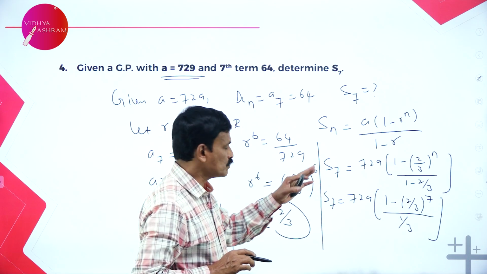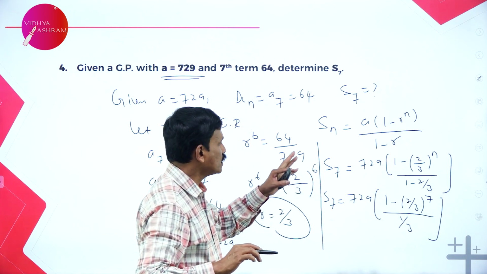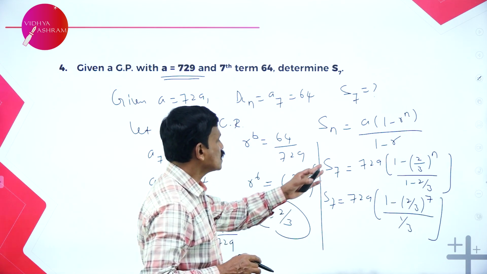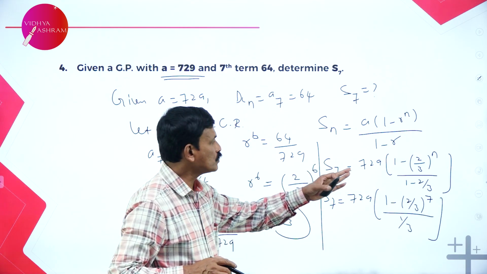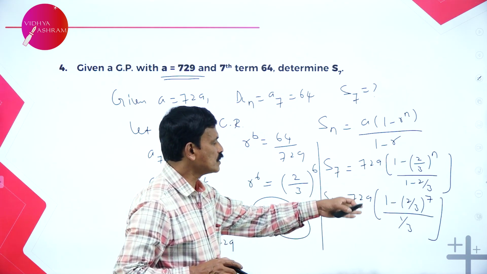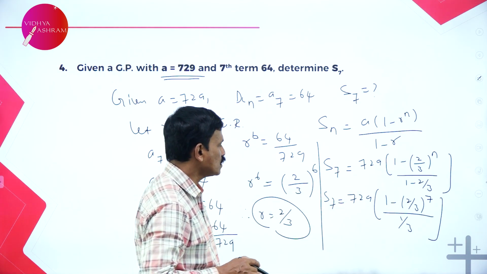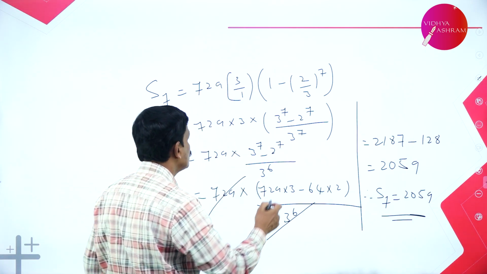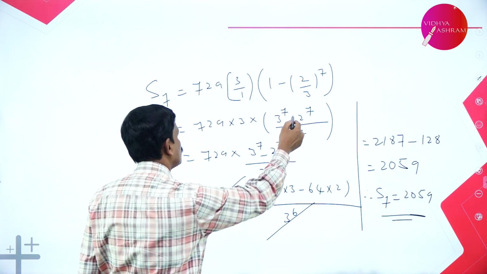Since R is less than 1, we can take A into (1 minus R raised to n) by 1 minus R: 729 into 1 minus (2 by 3) whole to the power of n. Put n equal to 7, divided by 1 minus 2 by 3, which is 1 by 3. Take this to the numerator: 729 into 3 into 1 minus (2 by 3) whole power 7, which is 2 power 7 by 3 power 7.